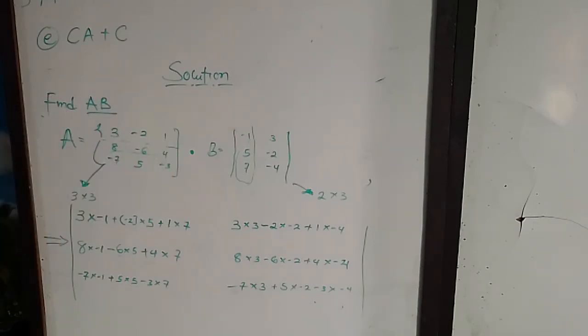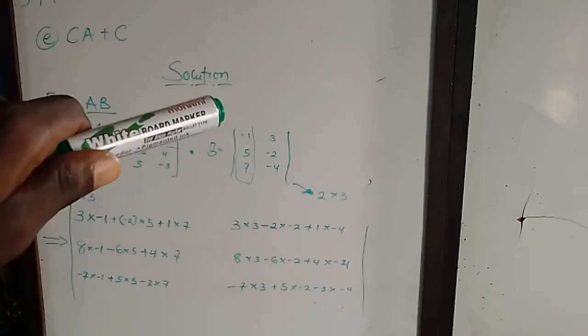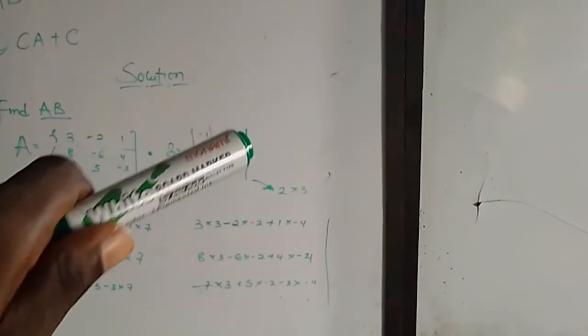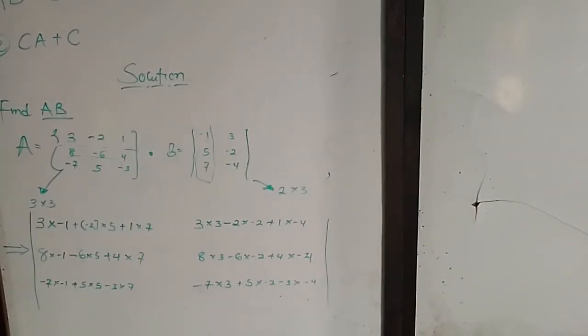That is our A. Then our B has minus 1, 5, 7, then we have 3 minus 2 minus 4.